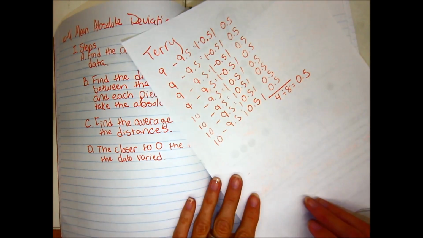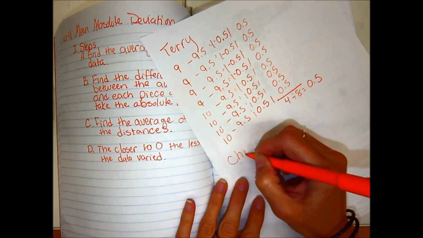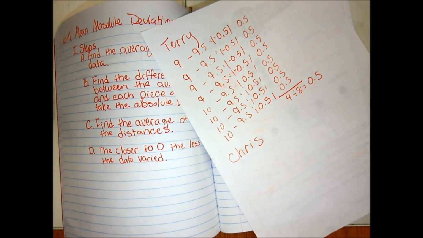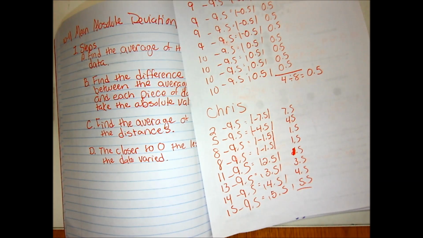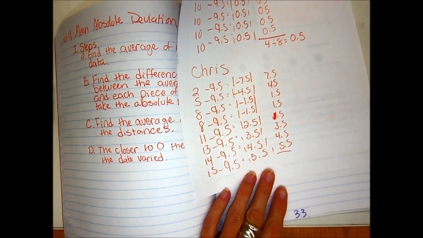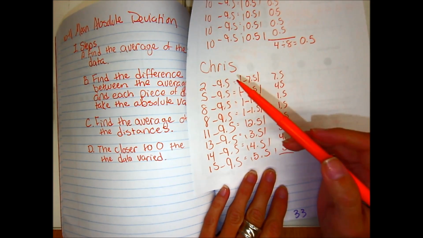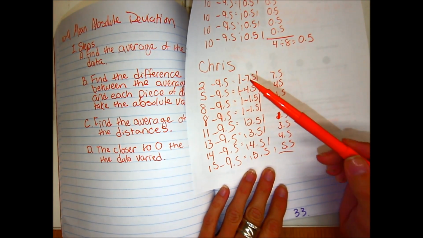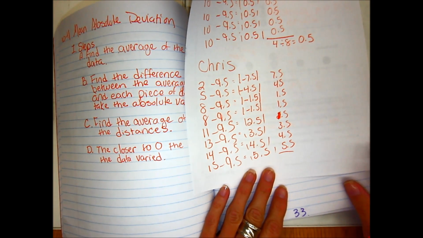With your group, go ahead and do the same thing for Chris's baskets. How consistent was Chris? Let's take a look at this, because a lot of you were almost there or close to there. This is not a fast, quick thing.